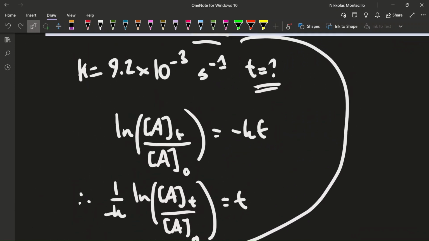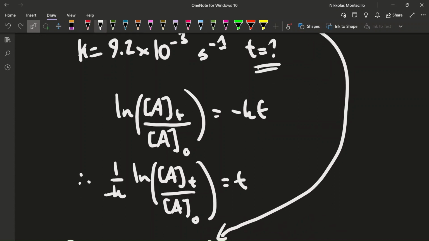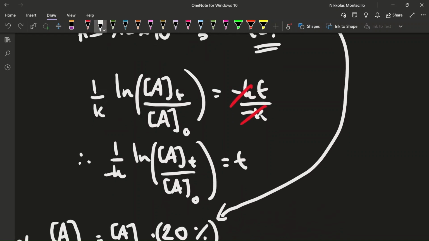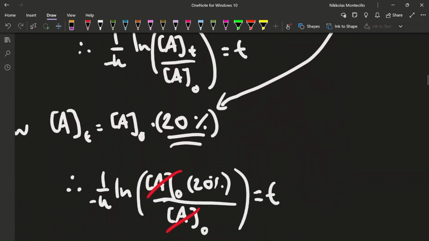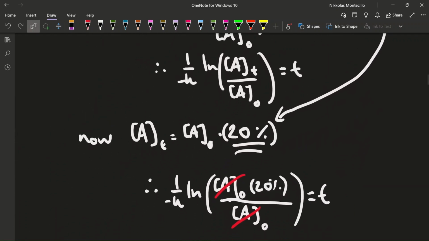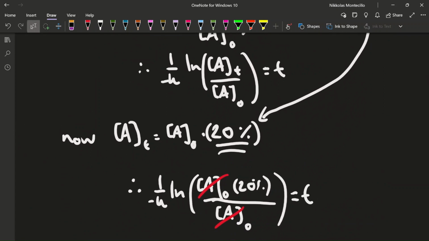I apply the formula: the natural logarithm of the concentration of A at a given time t over the initial concentration is equal to negative kt. We isolate for t by dividing both sides. And then we recognize that the concentration at a given time t is equal to the initial concentration times 20%.